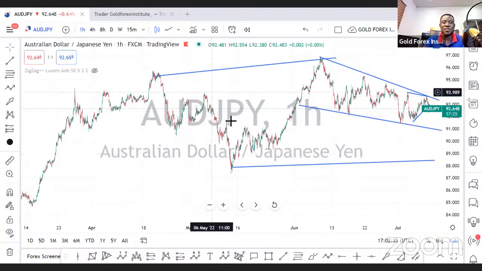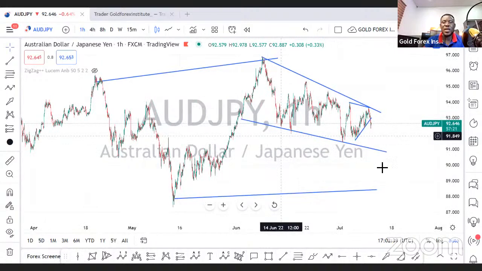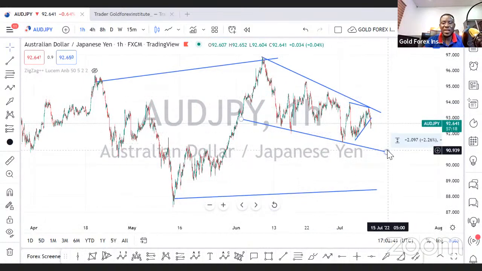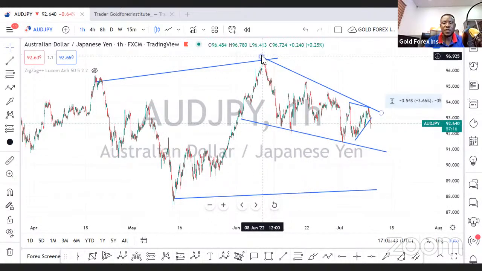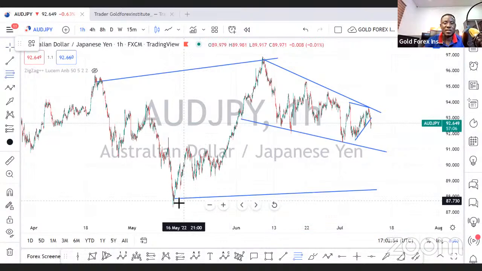We had our first ABC, another ABC. Now it's forming an ending diagonal. So A, B, C, D, E. Now let's look at where it's getting to. So we are drawing our harmonic pattern.